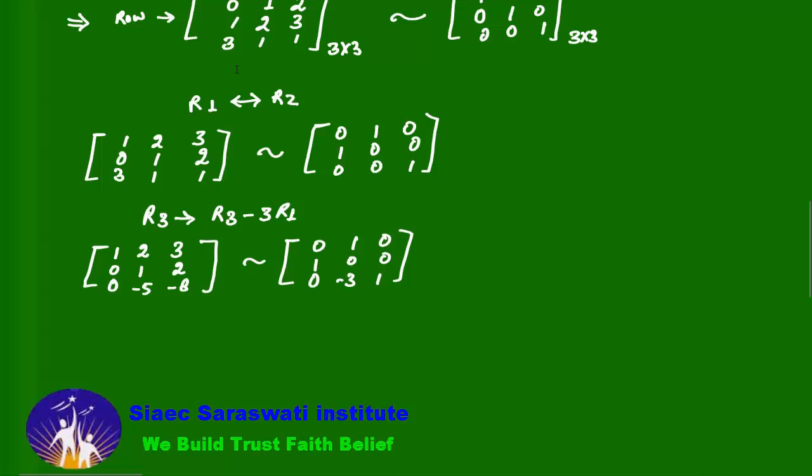नेक्स्ट द डायगोनल ऑफ द A11 एलिमेंट, फर्स्ट रो का फर्स्ट कॉलम का एलिमेंट के बाद में हमारा नेक्स्ट टारगेट होता है कि दैट सेकेंड रो एंड सेकेंड कॉलम का एलिमेंट 1 होना चाहिए, जो कि इस केस में ऑलरेडी है.